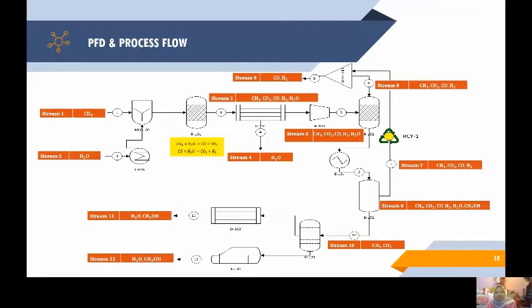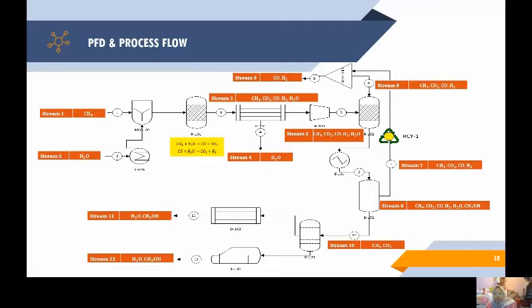So for stream 1 and stream 2, which consist of methane and steam, will pass through the heater and also mixer and be fed into a steam reformer. And in this steam reformer, there are several reactions that occur.